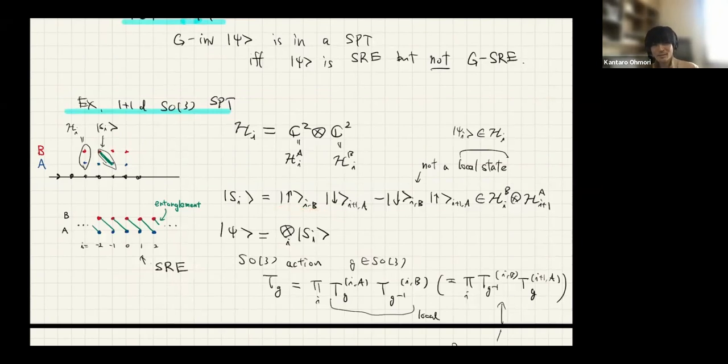That's my choice. Since this is a singlet, it is invariant under the action of SO3.